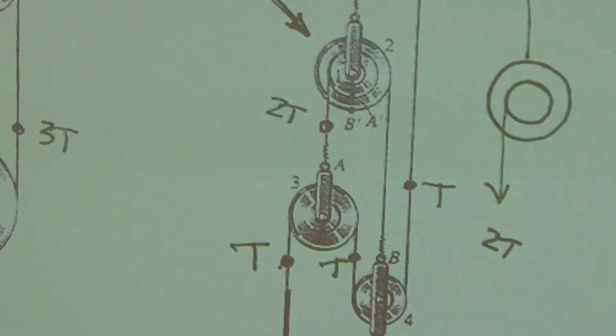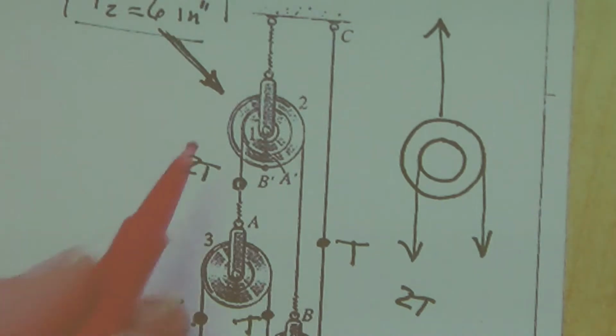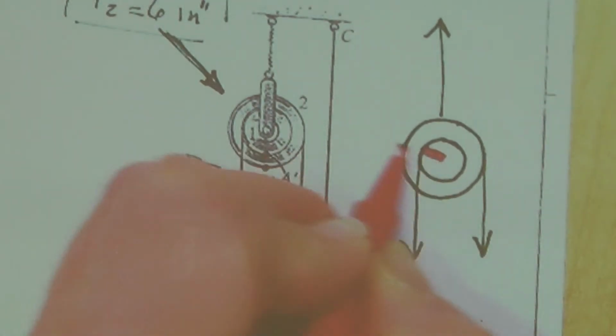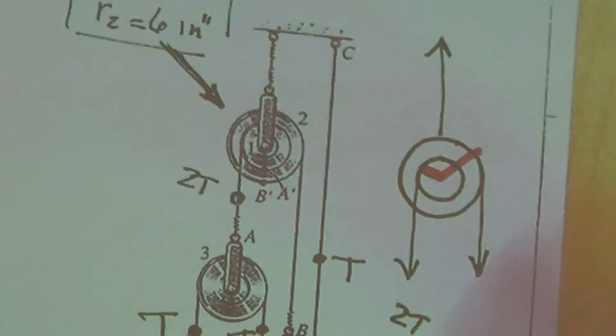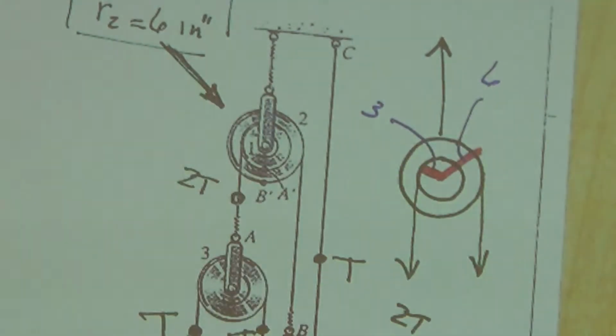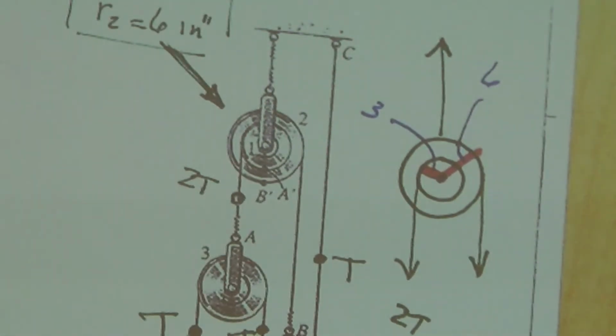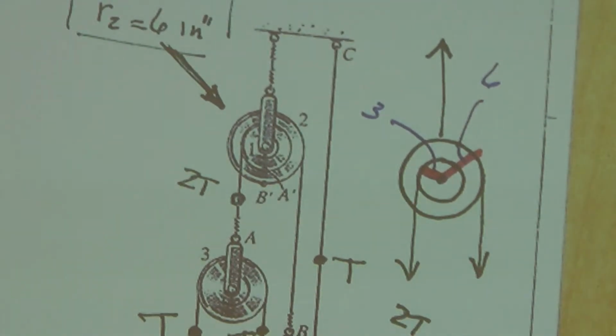This is something going up here, and this guy is coming down here. So what's the distance here? I said that from here to here, it's 3, and from here to here, it's 6. So what we're going to do is sum of the torque, or sum of the moment about the center. So sum of the moment about that center point is equal to 2T times 3, positive.